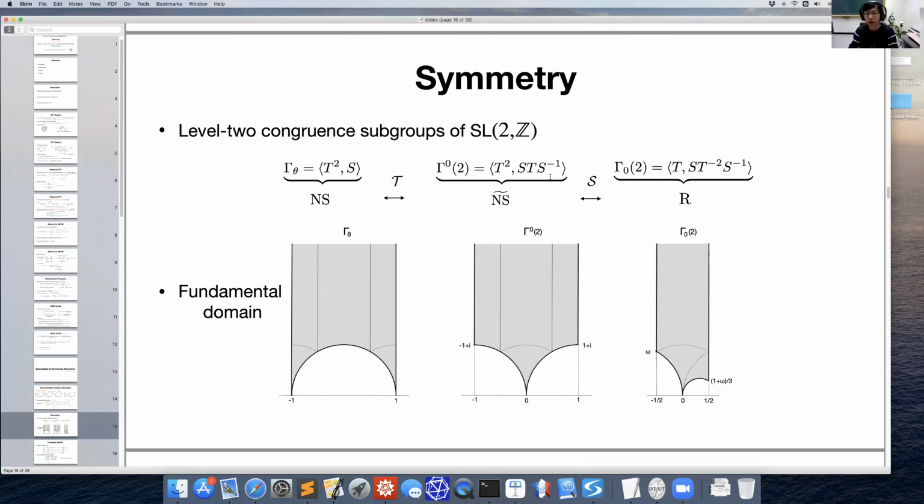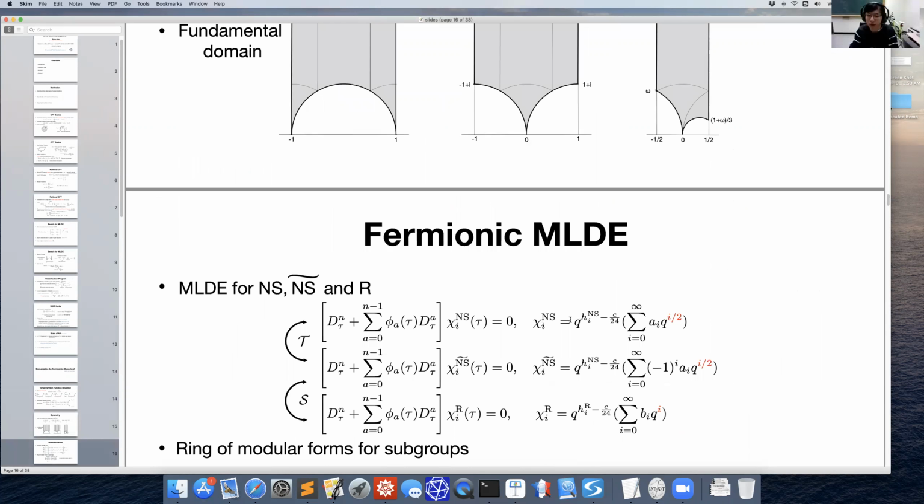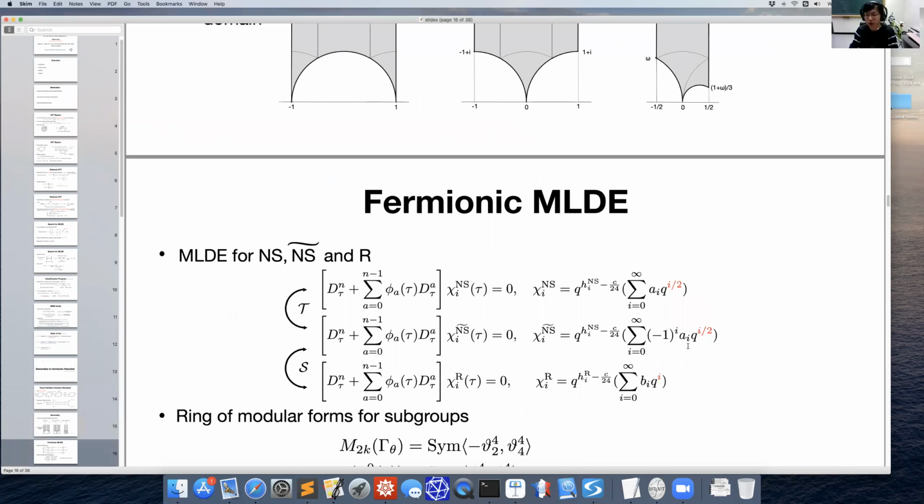I just mean that the generator here is T squared, but here it is T, as a symmetry. Okay, I understand. I'm just saying that those sectors should be invariant under their symmetries. So this constrains the power in front of q.